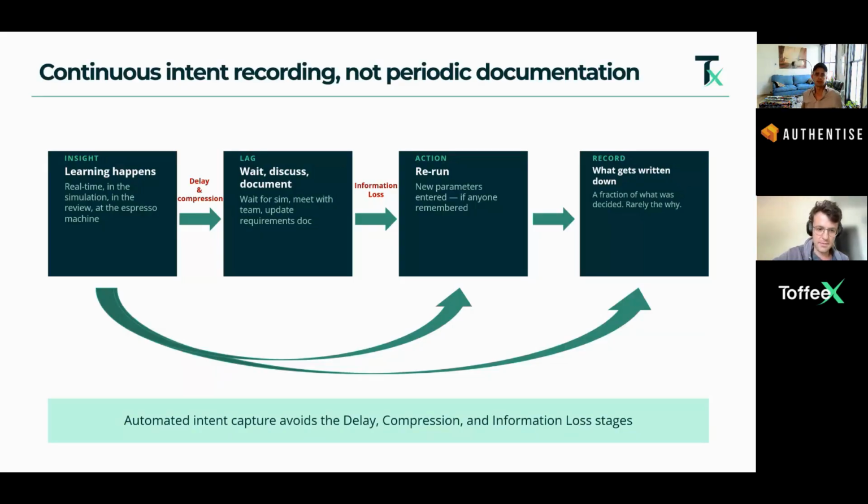Automated intent capture essentially avoids all the lossy compression and delay stages, because as soon as the learning happens, whether it's in a Slack conversation or a Teams call or an email or whatever it is, it's automatically captured in the background. So you skip everything, and the whole richness of information is captured.